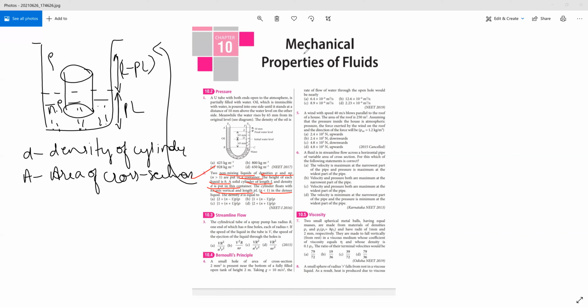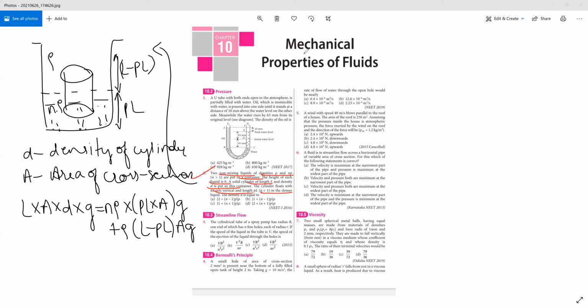So using the law of flotation, the weight of cylinder is equal to the upthrust by the two liquids. That is given by L into A into D into G is equal to n rho into P into L into A into G plus rho in the bracket L minus PL into AG. So we want D here.